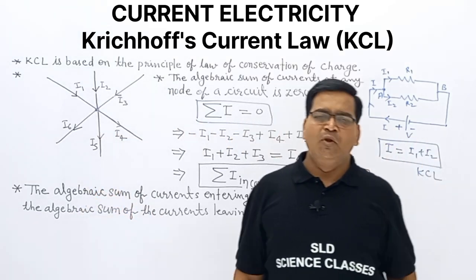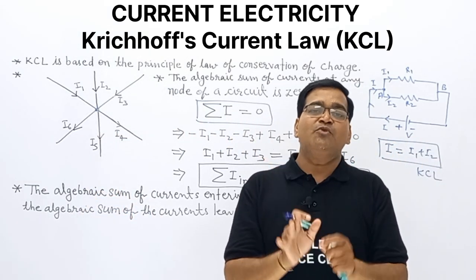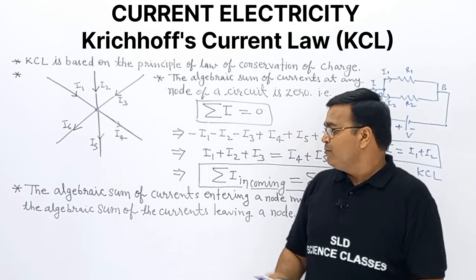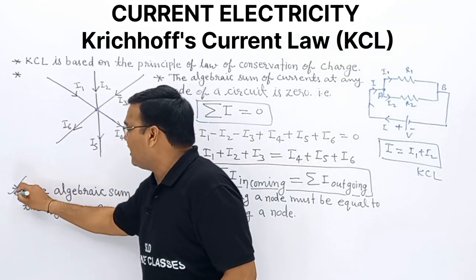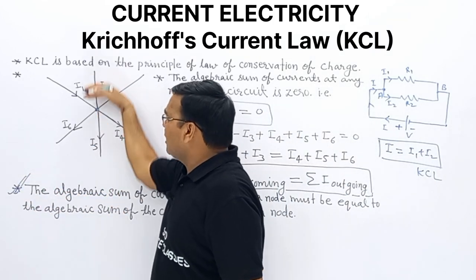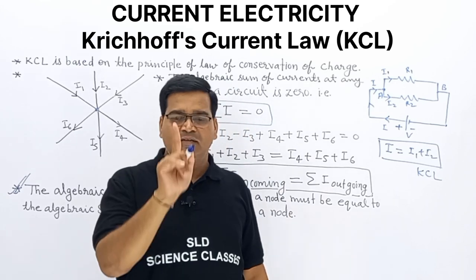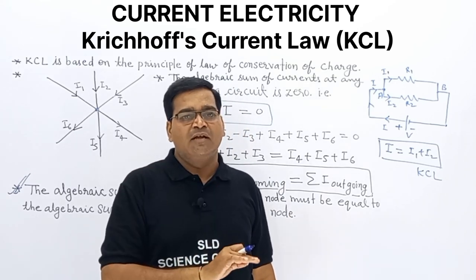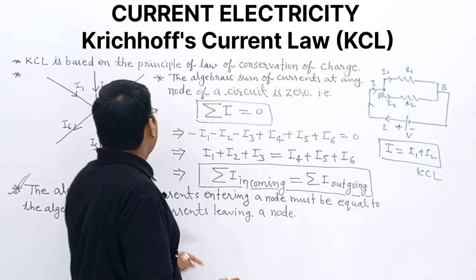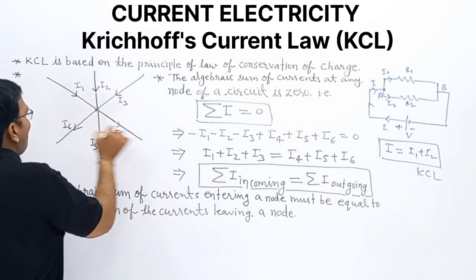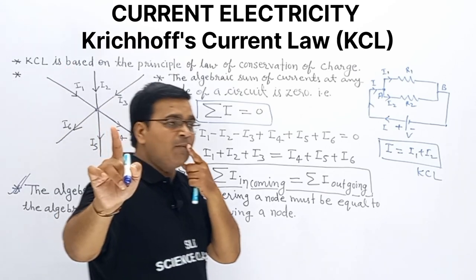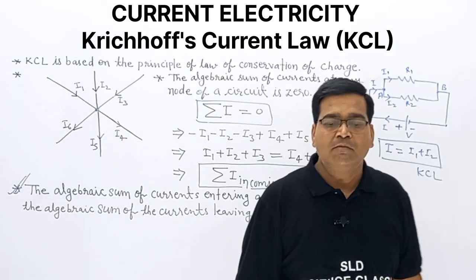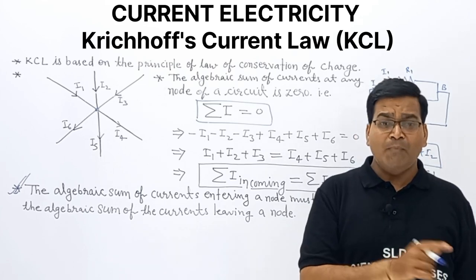This is the law. We have two statements in Kirchhoff's current law. The best statement is this one: at the node, incoming current must be equal to outgoing current. But another way we can say is that at the node, the sum of all currents will be 0.